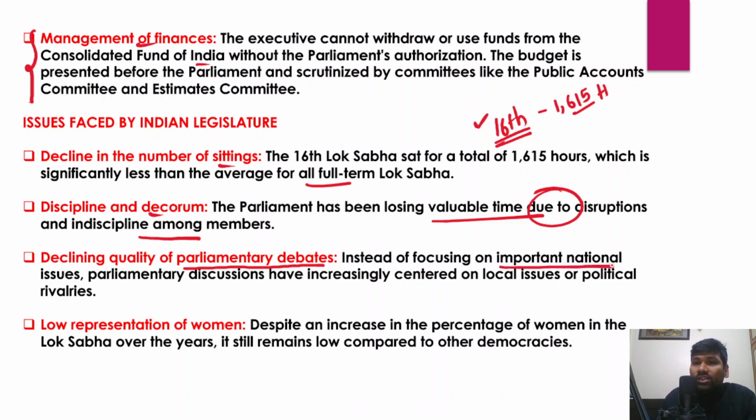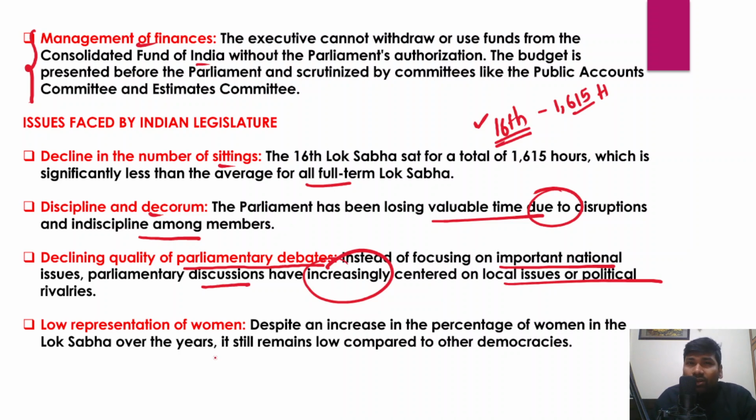Instead of focusing on important national issues, parliamentary discussions have increasingly centered around local issues and political rivalries. Parliament has also become a platform for political rivalries or for fulfilling political agendas instead of working for the collective national interest. So that is being absent, and constructive criticism of the ruling party is also absent in Parliament.